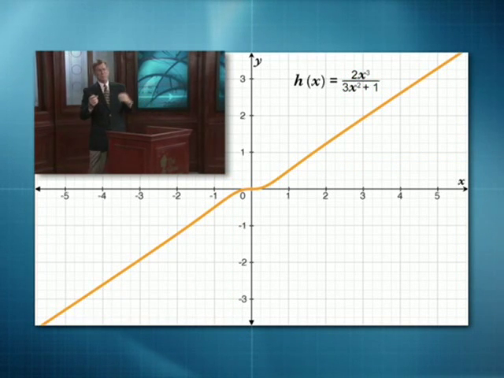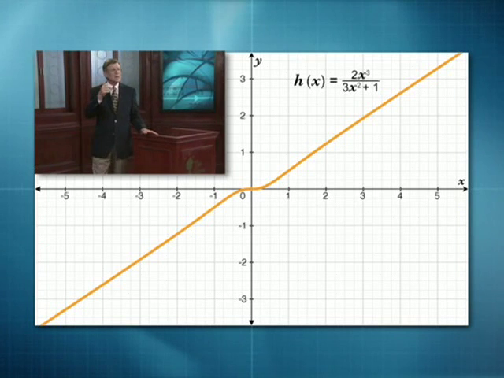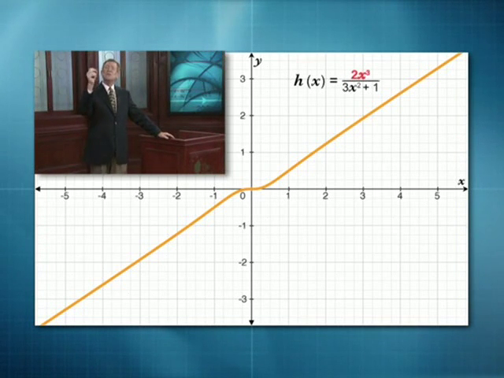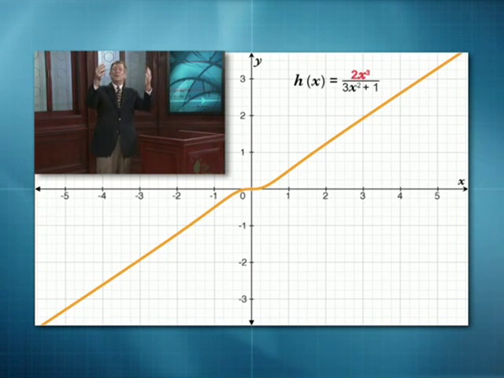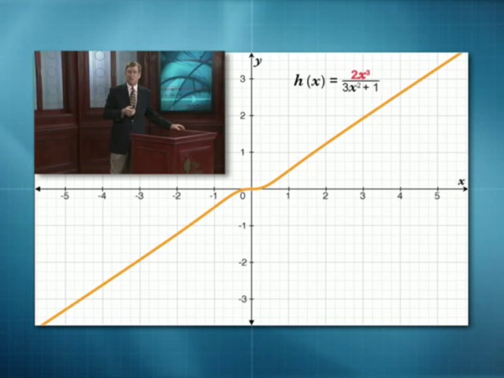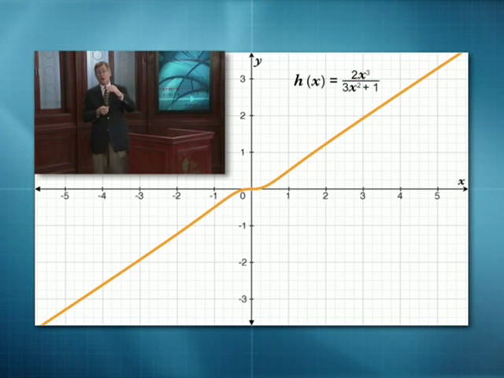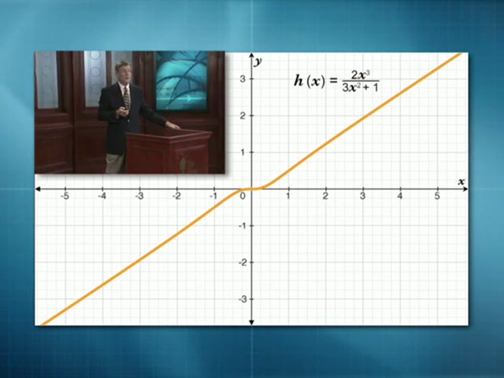And a third example, related to the first two, now I'll change the numerator to 2x cubed. And now the numerator is bigger than the denominator, and hence this function doesn't have a horizontal asymptote at all. As x gets very large, the numerator overwhelms the denominator.